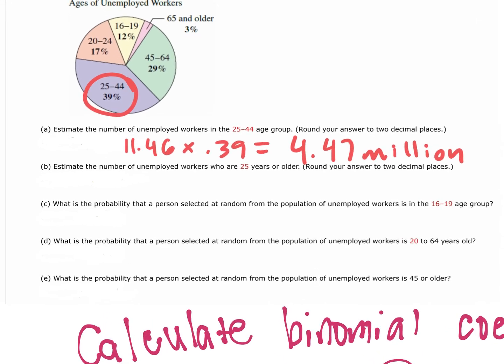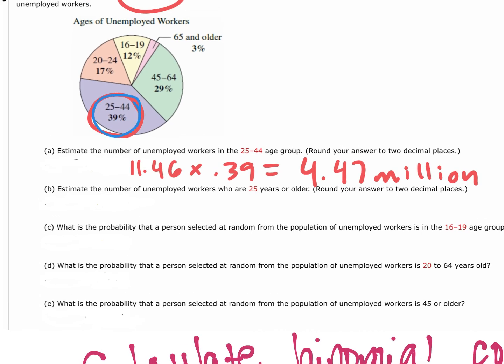For B, it says estimate the number of unemployed workers who are 25 years or older. So 25 or older would be 39%, 29%, and 3%. So I'll add all those together, 39 plus 29 plus 3. So that would be 71% of the people are 25 or older.